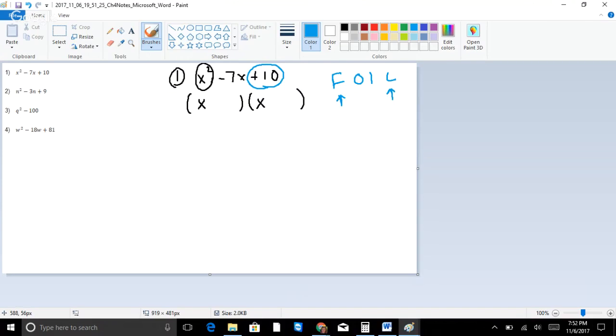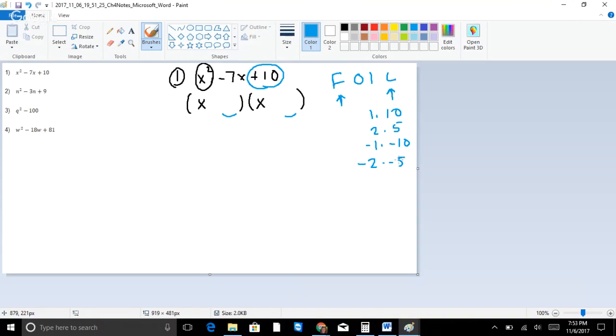I need to think of all the ways that I could multiply my last term together to get a positive 10. So I could do 1 times 10. I could do 2 times 5. I could also do -1 times -10 or -2 times -5.